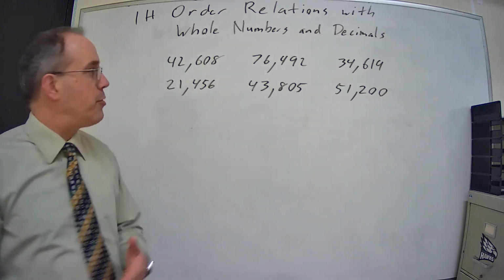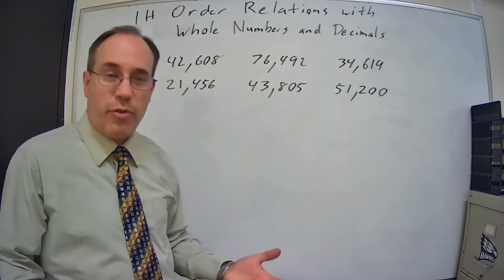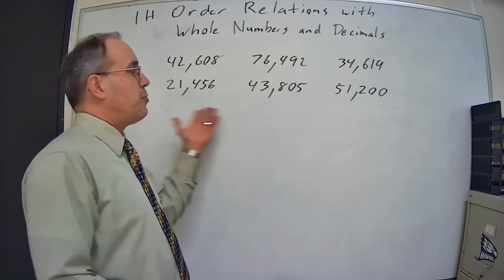So I've got 6 numbers that I want to put in numerical order, basically from smallest to largest.